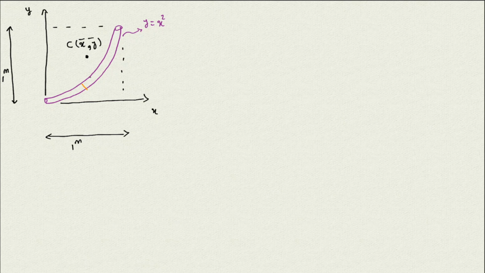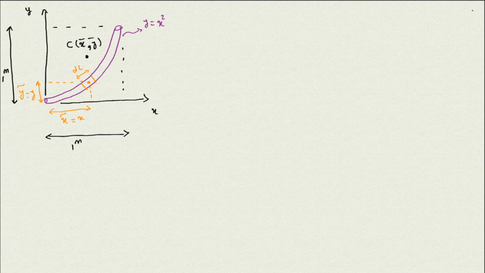We'll call that element has a length of dl, and the centroid of that element is located at x. And remember, when we are talking about the 1D object, the centroid of the element is equal to x and y.